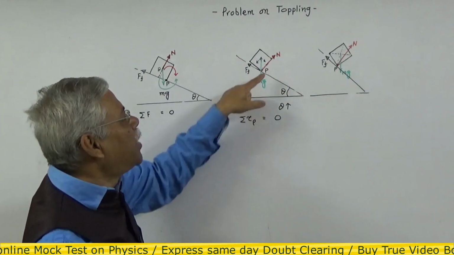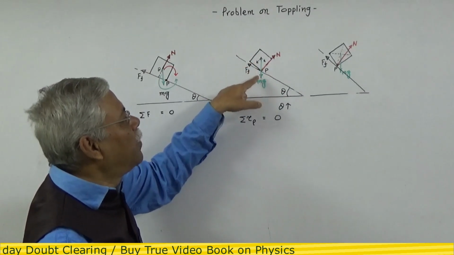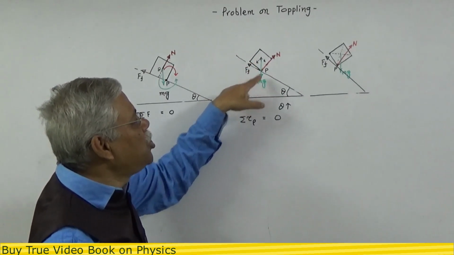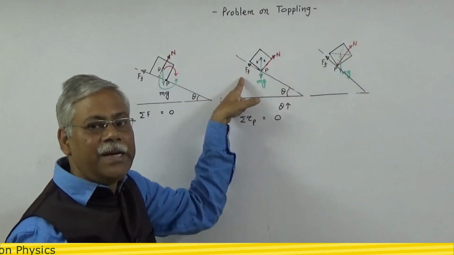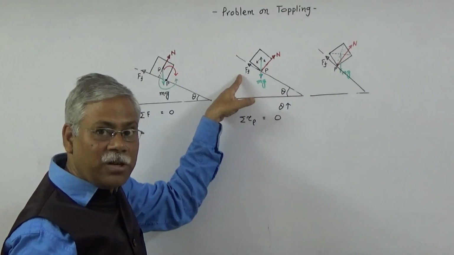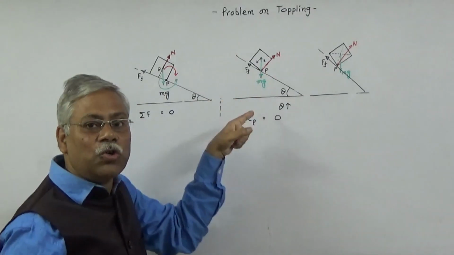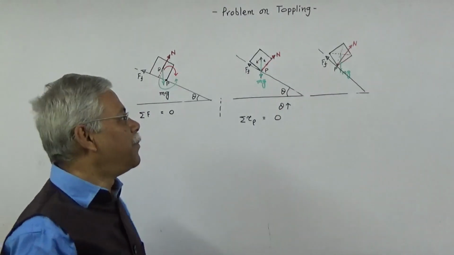So the net force acting on the block, the resultant of mg, N and Ff, is still 0. That means the body is in translational equilibrium. Since torque about the point P is 0, the body is also in rotational equilibrium.